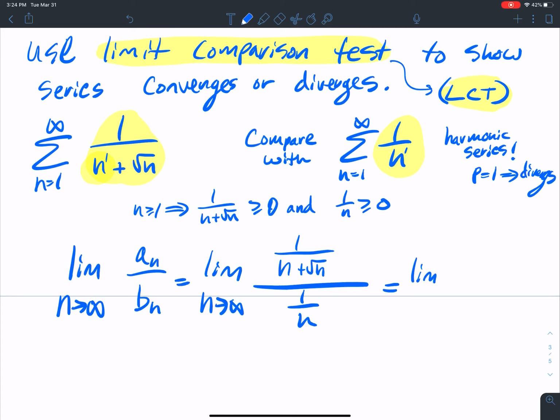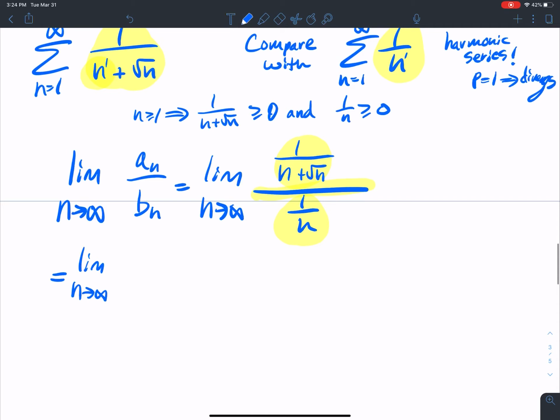This is equal to the limit as n goes to infinity. And then what I'm going to do is I'm going to keep, change, flip. Okay, so what does that mean? Let me move this down here. I keep the numerator the same, 1 over n plus the square root of n. I change division to multiplication, and I do the reciprocal here.